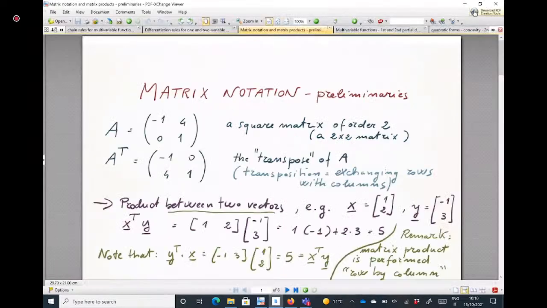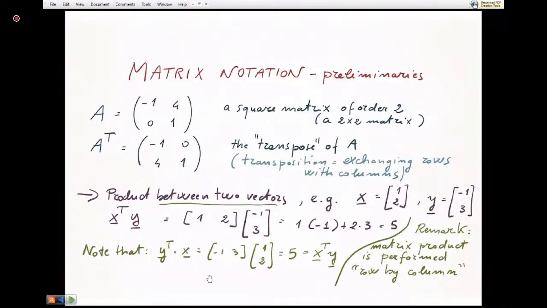Now, go back here. Product between two vectors. Vectors are particular types of matrices. They have this characteristic: they are matrices with only one row or only one column.